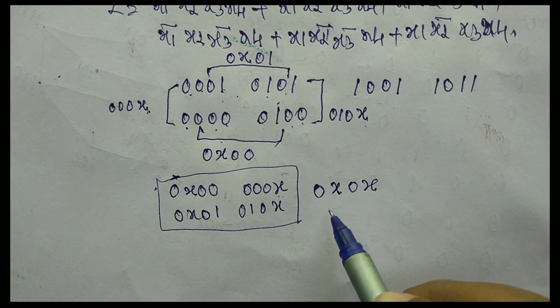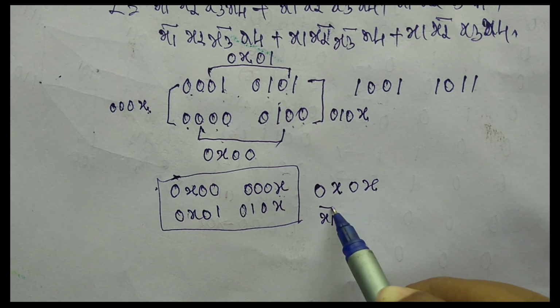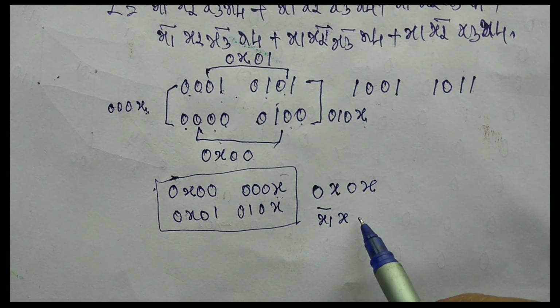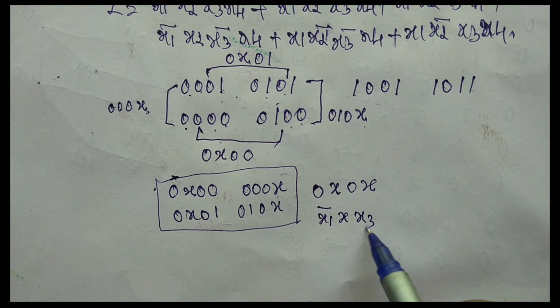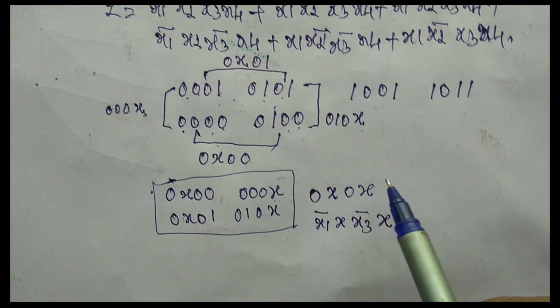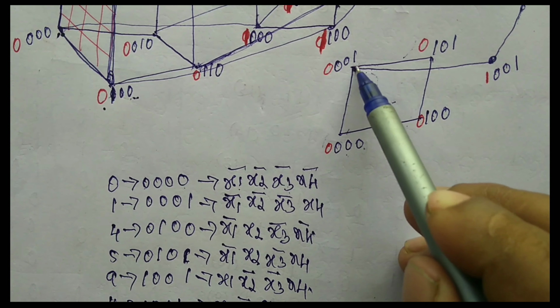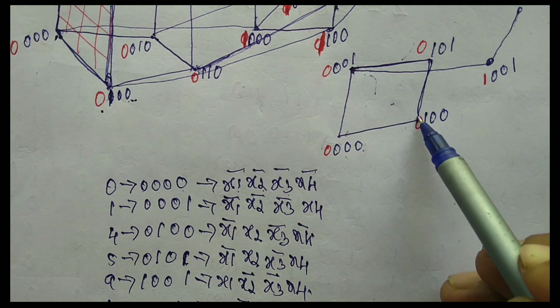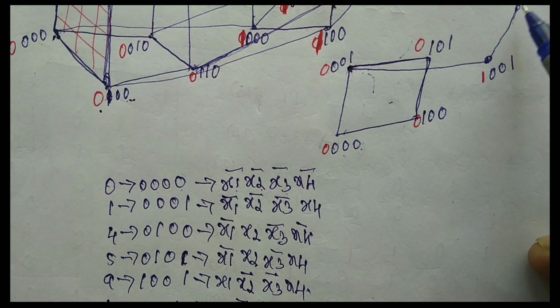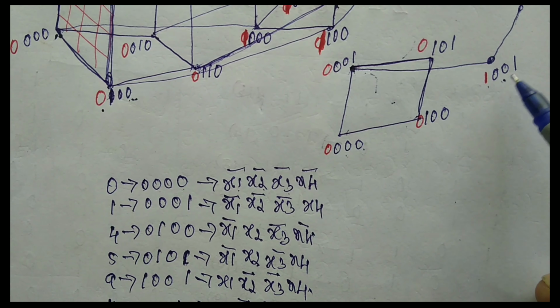So this is equal to, what is 0? That is x1 bar x, x3 bar x. So this is for this square. Now we take 1 0 0 1, 0 1 1 and 1 0 0 1.